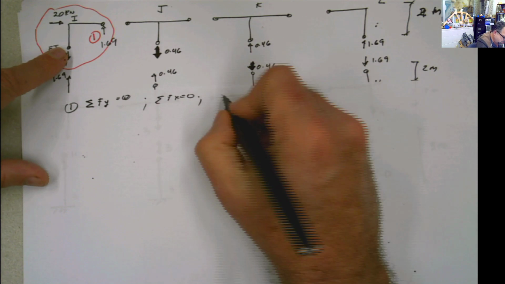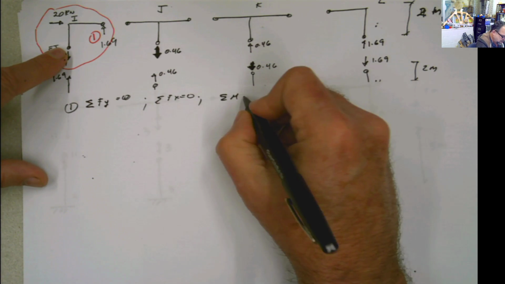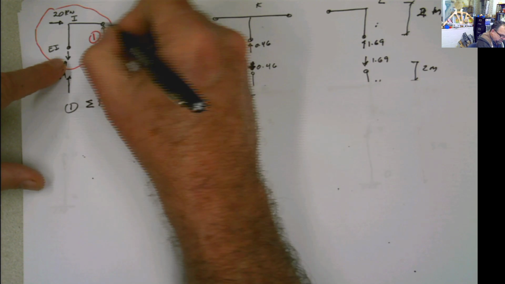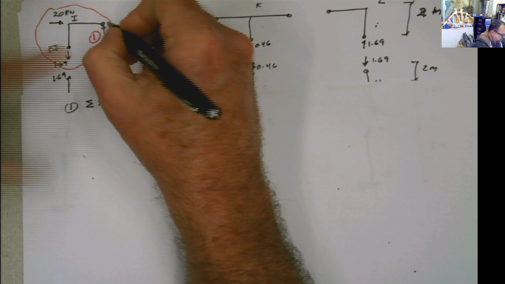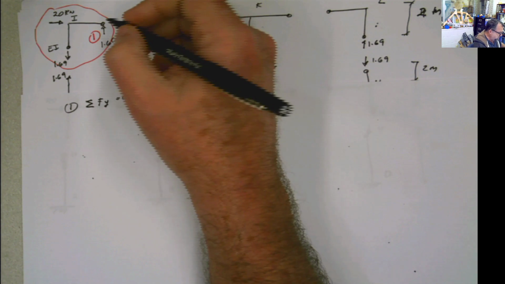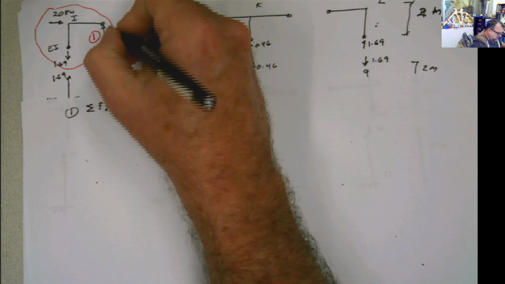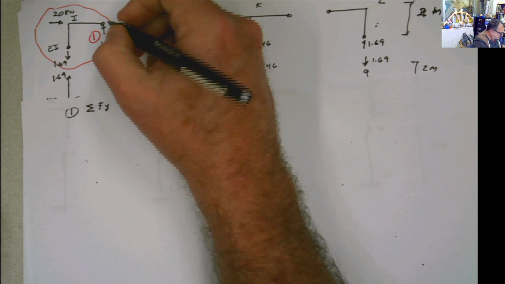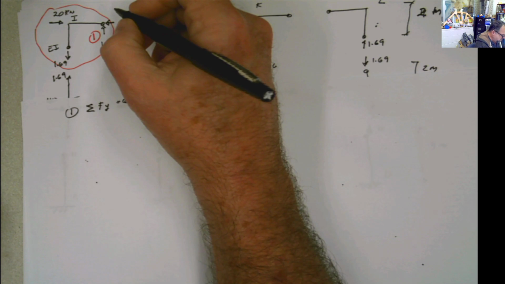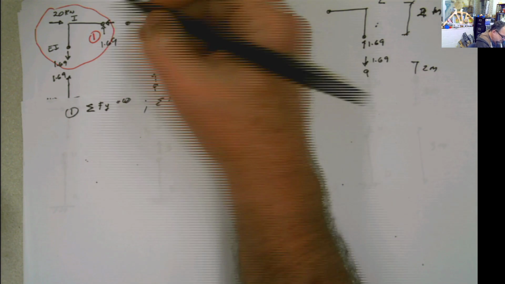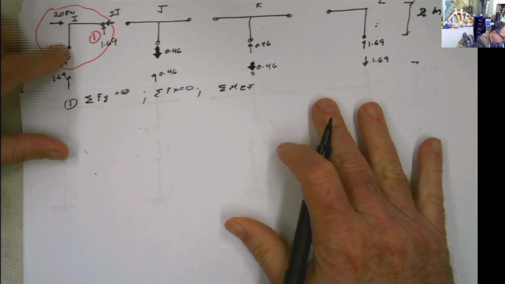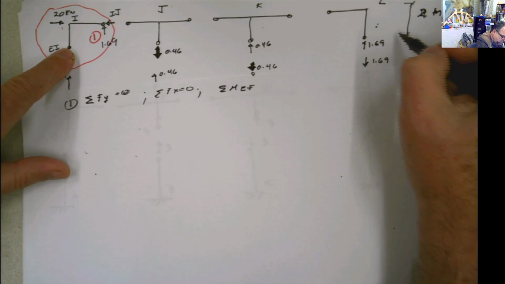But if I say summation of moments at EI, remember we have one force here, and we have one force here also in this part. So I'm going to have a force here, which is the force IJ. If I do that, this distance is 2.